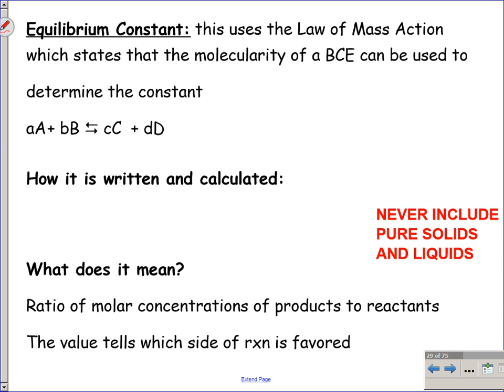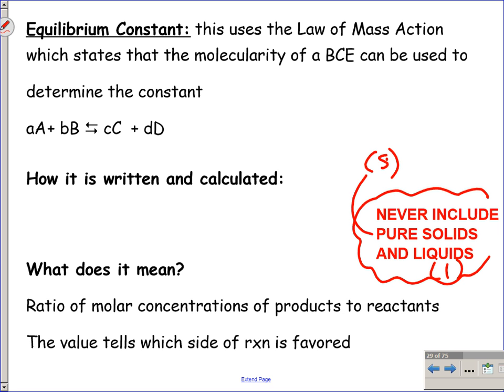This is your fact about what to never include in a K expression. If anything is a pure solid, meaning it has S next to the element or the symbol, or an L for liquid, those are basically unchanging concentrations. A solid itself doesn't have a molarity. What's the definition of molarity?